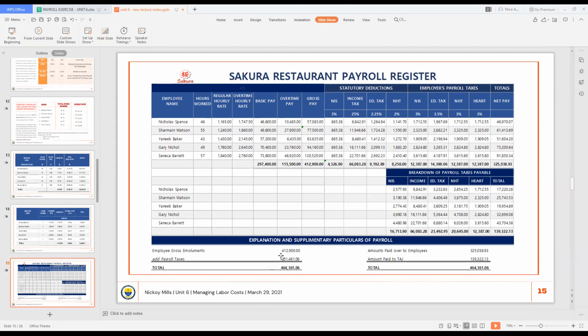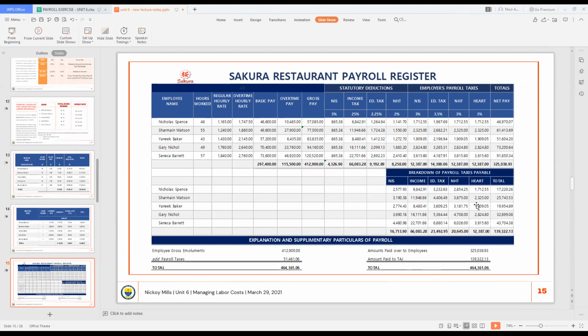So it would be the gross emoluments, 412,900, and then you would add 12,287, plus 14,306, plus 12,387, and then find 3% of that to get the HEART amount.